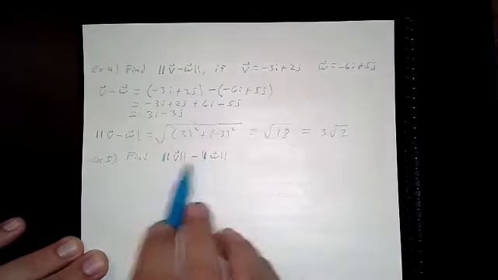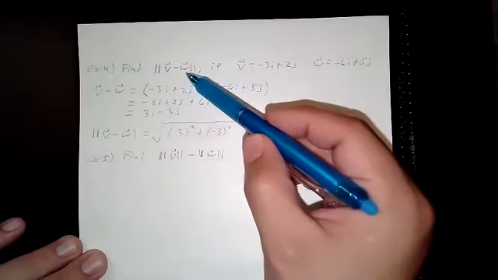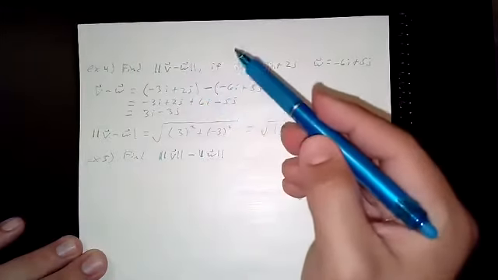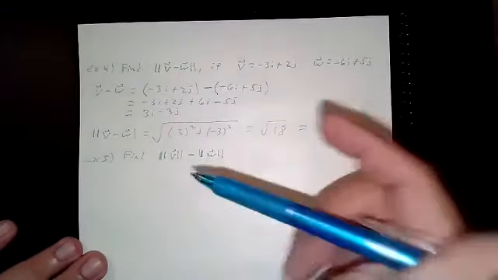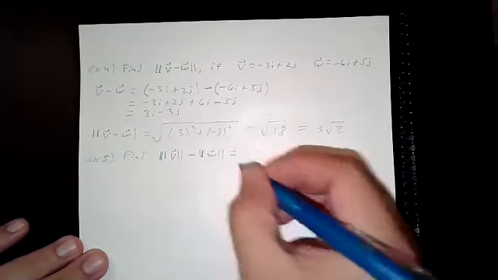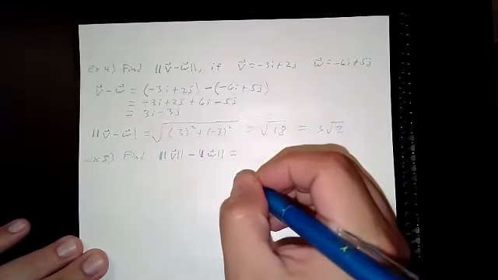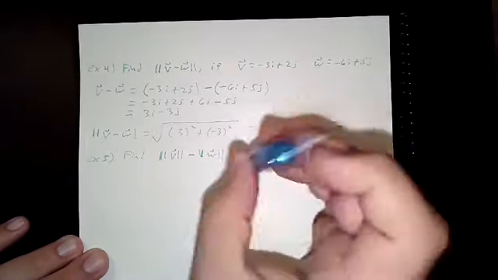If I find the magnitudes first and then subtract them, that will not be the same as this difference magnitude. Let's go ahead and use the same vectors for fun.